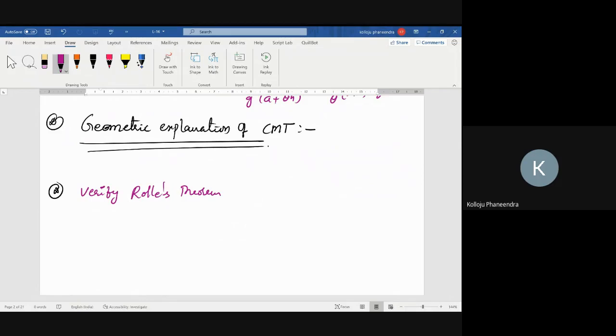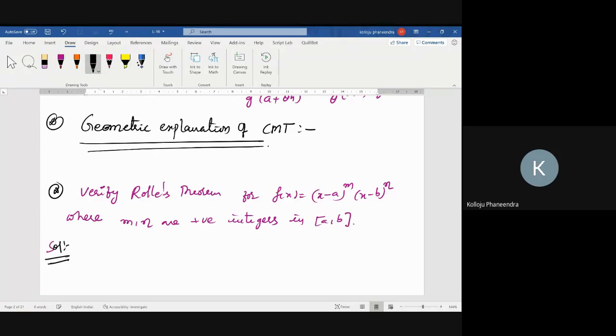Verify Rolle's theorem for f of x equal to x minus a whole to the power of m, x minus b whole to the power of n, where m, n are positive integers, in the closed interval a comma b.